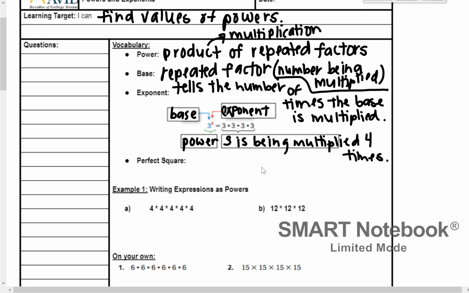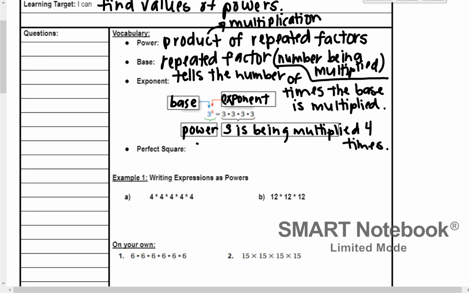A perfect square is the answer to when a whole number is multiplied by itself. Whole numbers are like 1, 2, 3, 4, 5, 6, 7, 8, 9, 10. Whole numbers are not decimals, they are not fractions, they're just whole numbers.